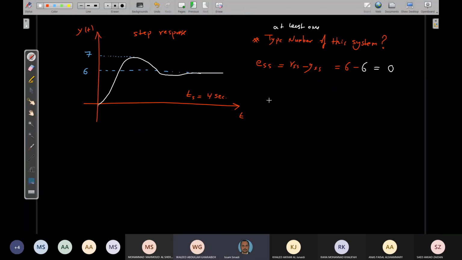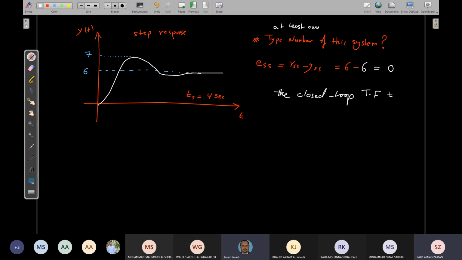Now, who can tell me the closed loop transfer function? The closed loop transfer function. One, doctor.